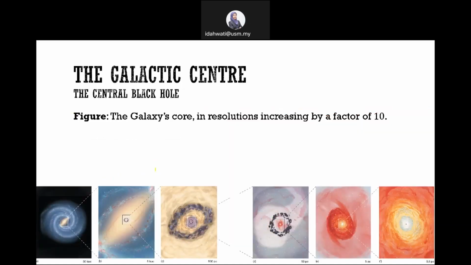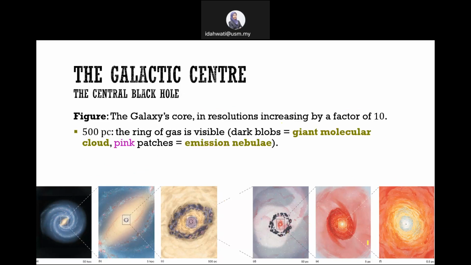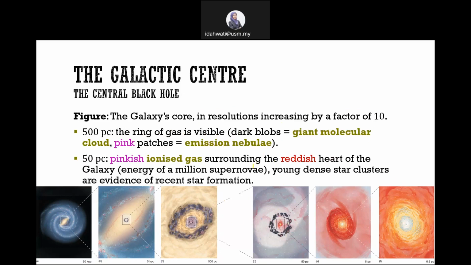For the next one, the galaxy core, the resolution is increased by a factor of 10. This is what you could see in the video just now. The spiral pattern here, in the middle, is the accretion disk. The ring of gas is visible. It's a giant molecular cloud, and the pink patches are emission nebulae.